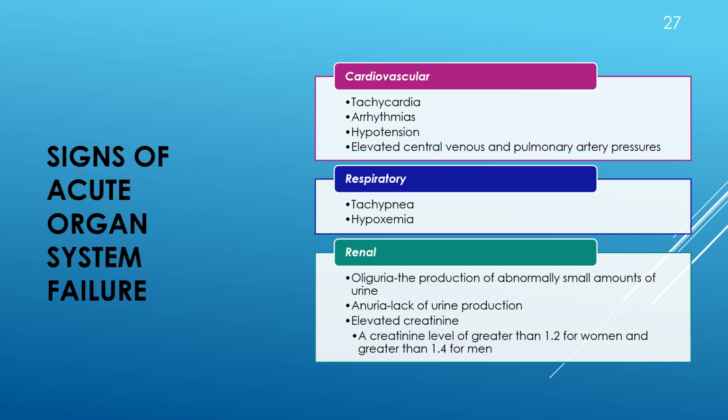All of these are signs and symptoms of acute organ failure based upon the organ that it impacts. But in this case, we're talking about cardiovascular, respiratory, and renal failure.